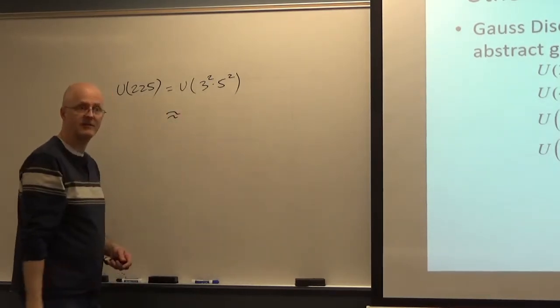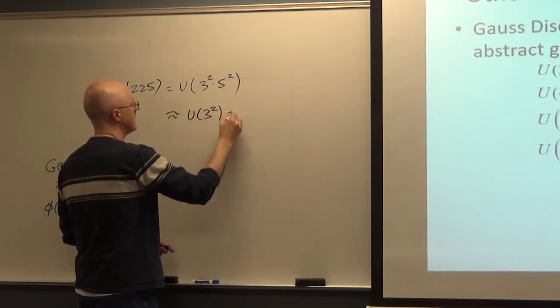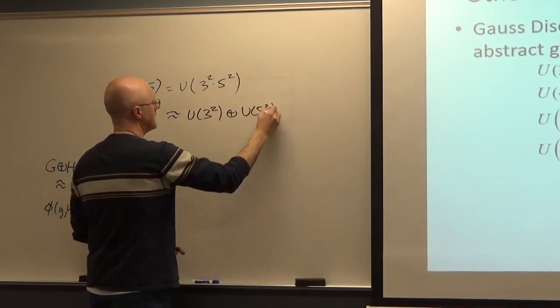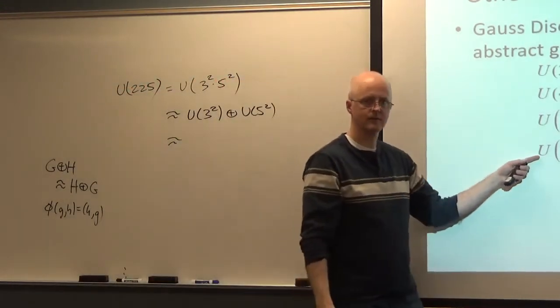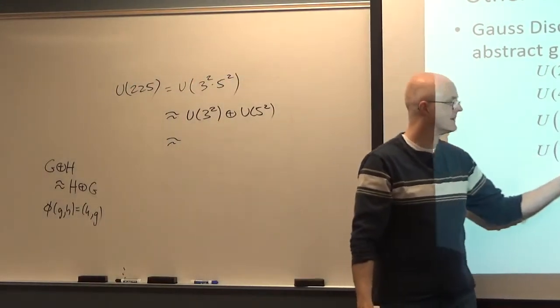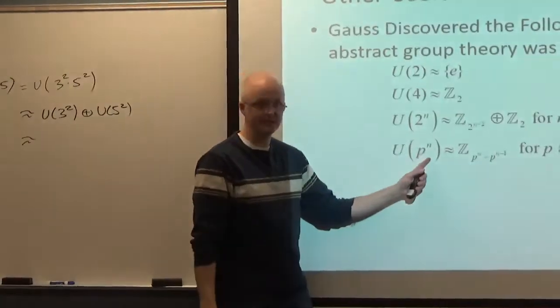By the fact in the previous slide, this is isomorphic to this. And now by the fact that you see right here, once again, each individual factor here is cyclic. Now n is 2 instead of 1.